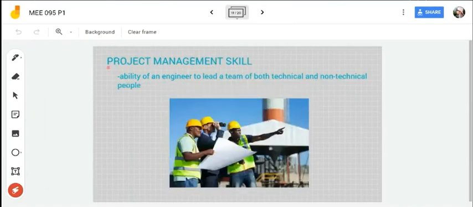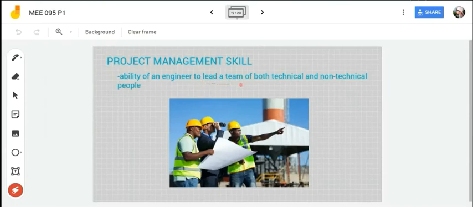Okay, next skill is what we call the project management skill. And when we say project management skill, it is an ability of an engineer to lead a team of both technical and not technical people. Okay, so ibig sabihin nun, when you are on the field or you are on the work, syempre when you are an engineer, you are the leader or you are the team leader of the group.